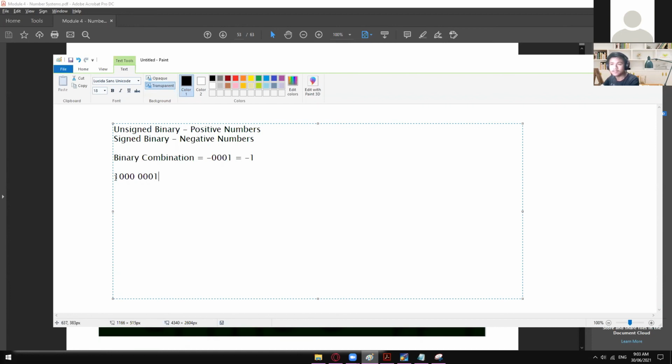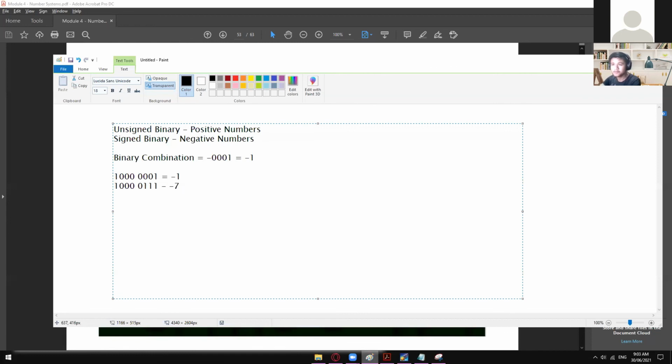If this one is 1, this one represents negative, and then whatever is the value right here, that is the negative 1 that you are saying. So this one is equal to negative 1 in decimal. If you want negative 7, so 1000, this one is an indicator of negative, and for 7, it's 0111. This one is equal to negative 7.